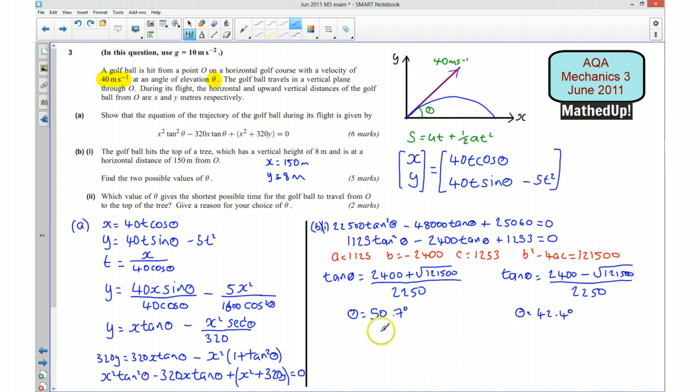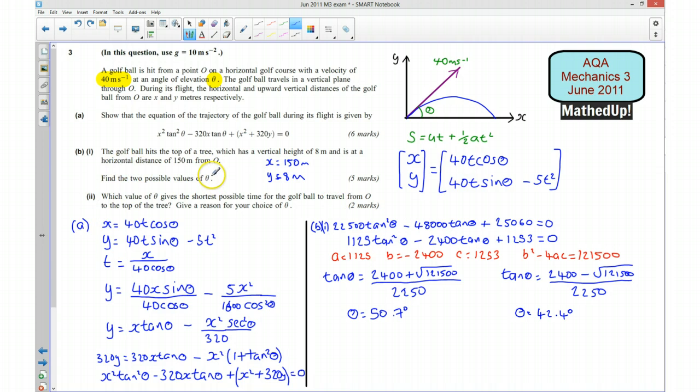The two possible values of theta are going to be 50.7 degrees and 42.4 degrees, and both of those starting angles of theta would hit the top of a tree, which is a height of 8 meters and a horizontal distance of 150 meters from O.